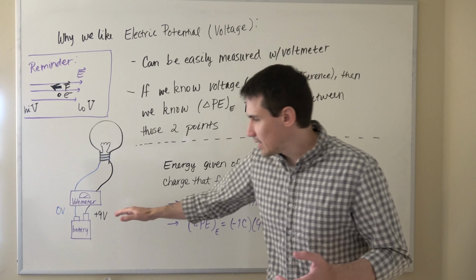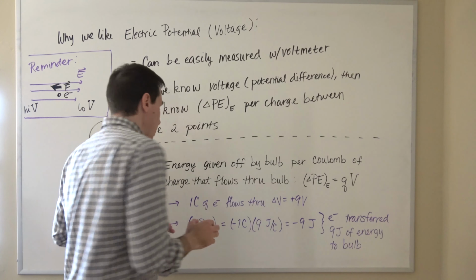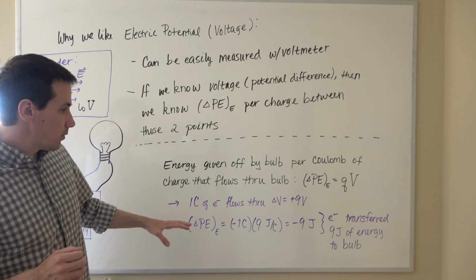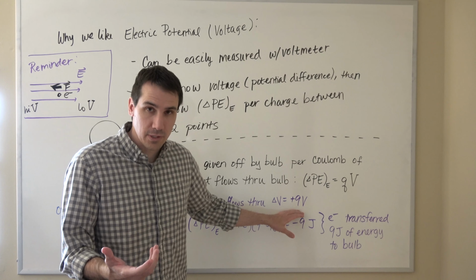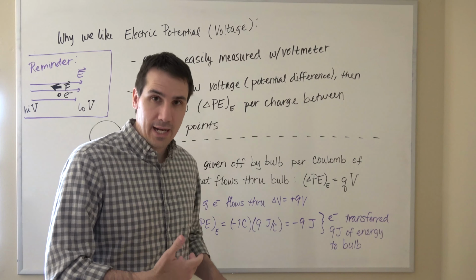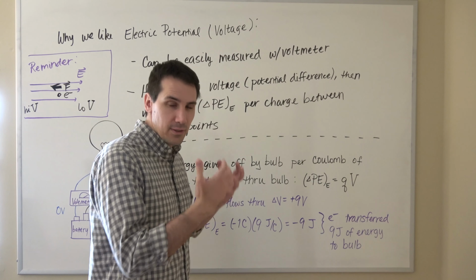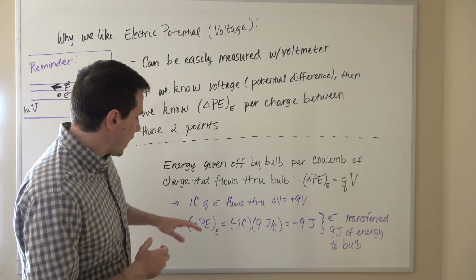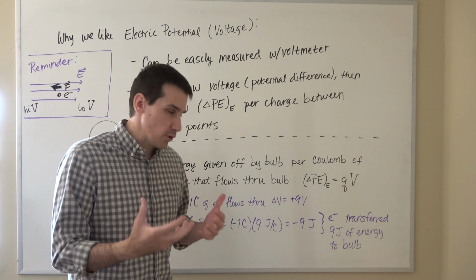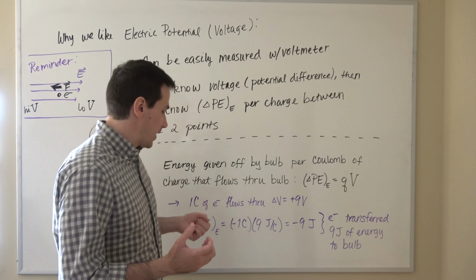Now, if this is a 9 volt battery, as electrons flow through, they experience a positive 9 volt potential difference because they start at 0 and end at 9. So their electric potential difference is 9 volts. And assume that we have 1 coulomb or negative 1 coulomb of electrons that pass through.